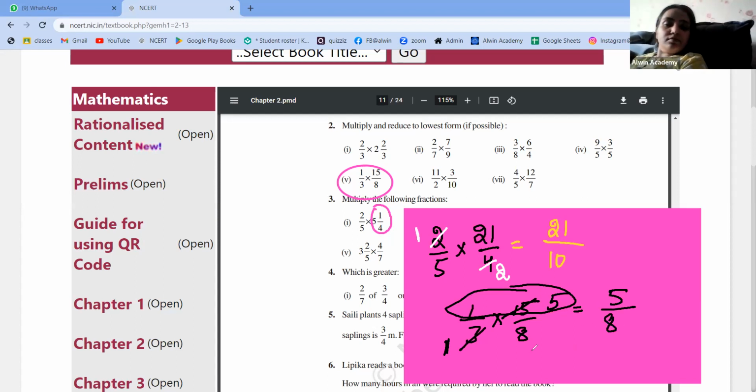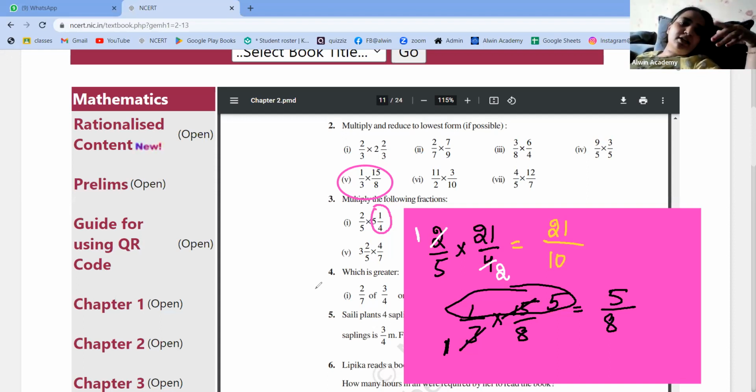Ma'am, but 1/8 can be done by 1. Come again. Ma'am, 1 can be simplified by 8. So 8 should also be 1. So the answer will be 5/1. 1 can be simplified with 8?